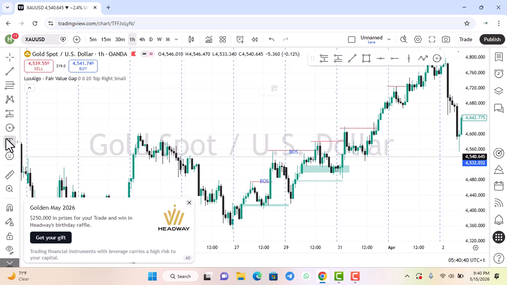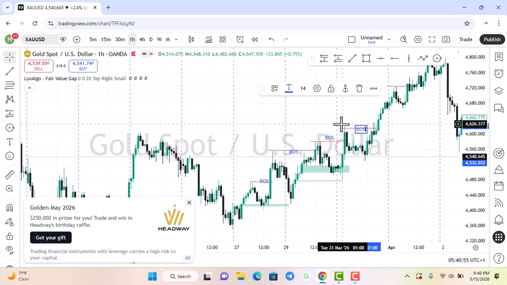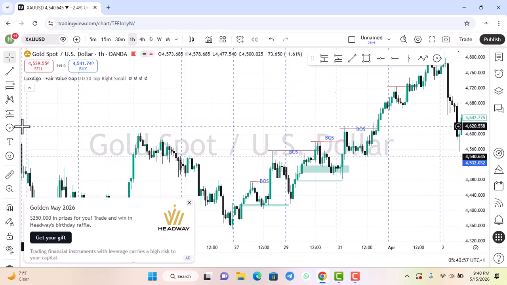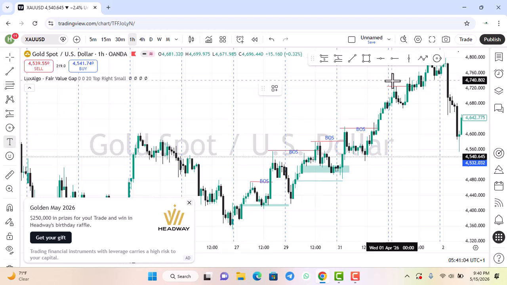And this is our next valid break of structure, BOS. Okay, and this is our next valid break of structure continuously. Okay, this is our next valid break of structure in an uptrend, BOS, in an uptrend.